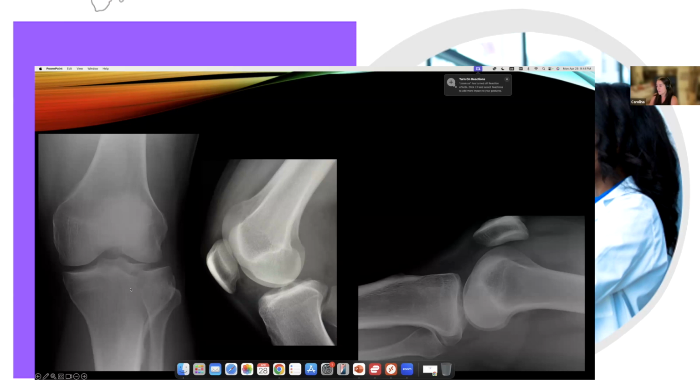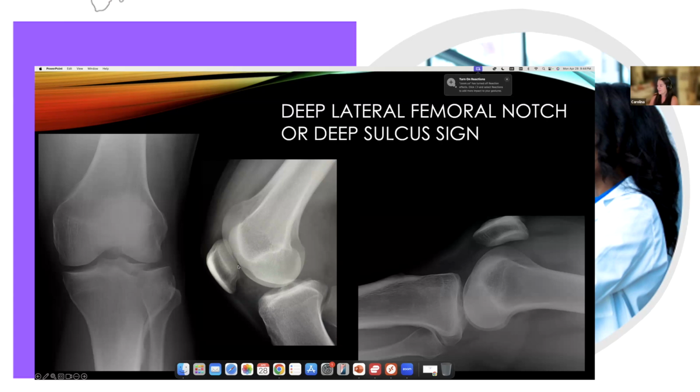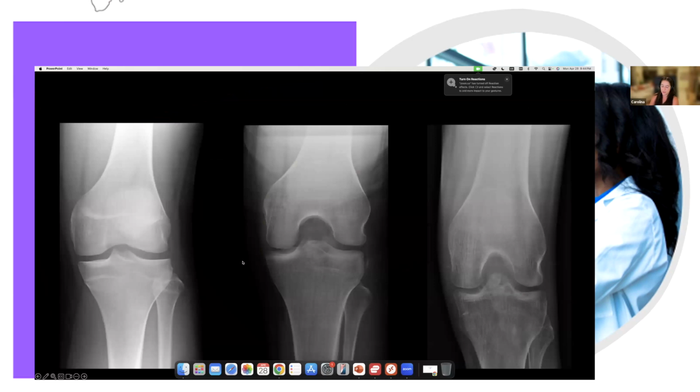So we have this lateral femoral notch or deep sulcus sign in the femur, which, whenever we have this type of finding, should make us think about an intra-articular fracture, and it's something that will require more evaluation with MRI or CT.